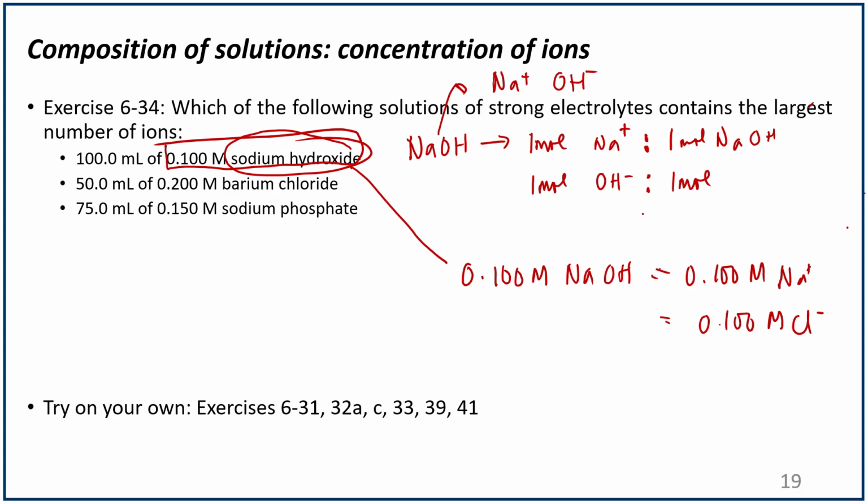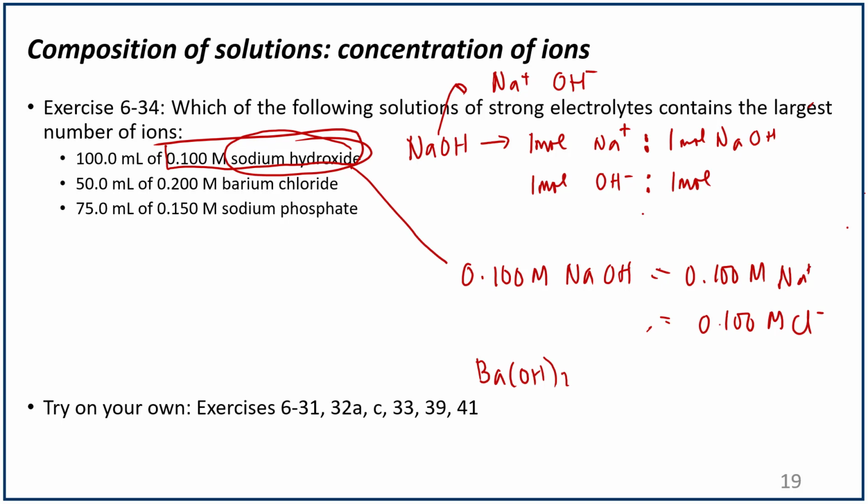Now if this was, of course, for example, something like barium hydroxide, then it would have been a 2 to 1 ratio.